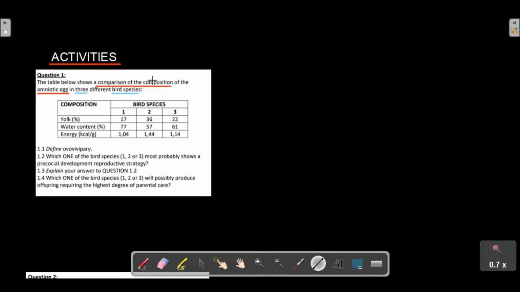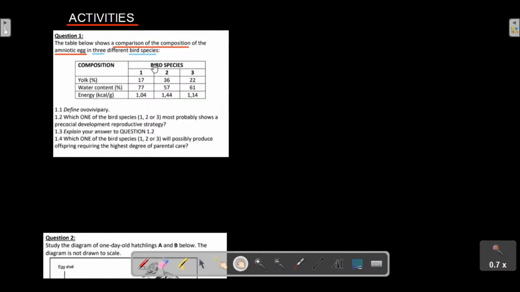From the start we can see that the composition is made up of yolk. We are given an amount of yolk in 3 particular bird species, and as you can see, it differs. Bird species 1 has 17% yolk, 77% water content, and 1.04 kilocalories per gram of energy. That's what we see for bird species 1.